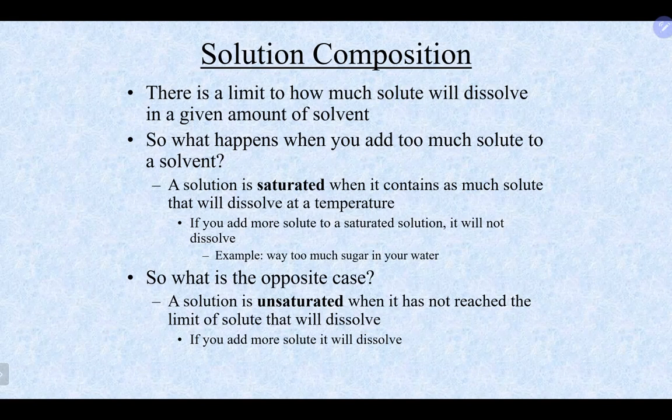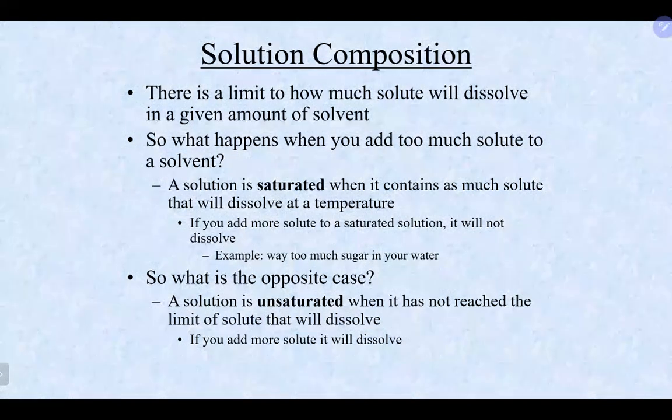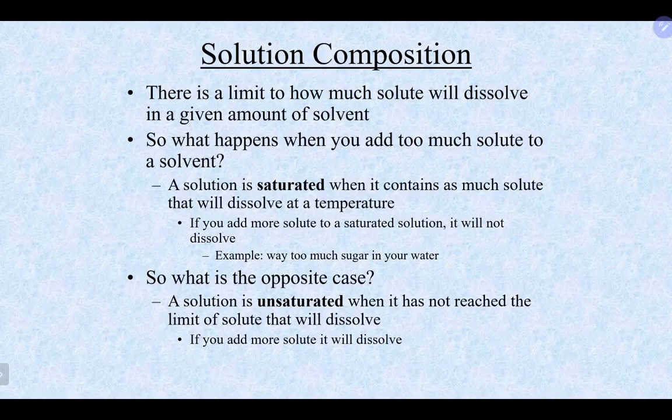But it might be today. One thing that we do see is, if you take a bunch of sugar and you just keep pouring it into water, at some point the sugar will stop dissolving and you'll just build up the sugar on the bottom there.